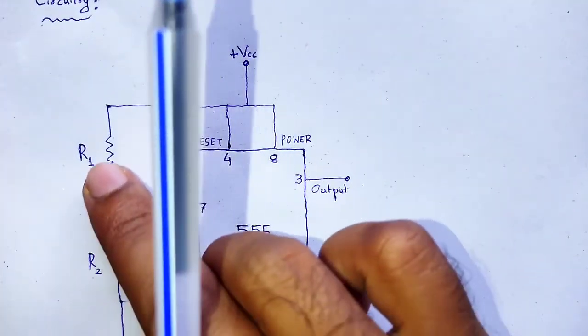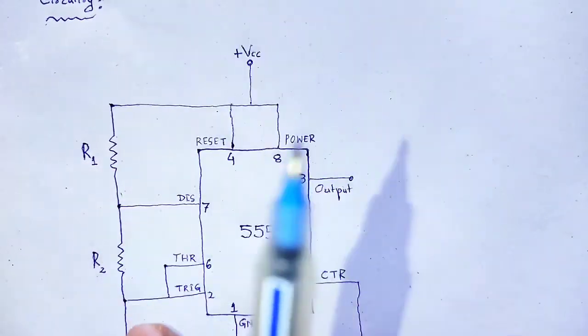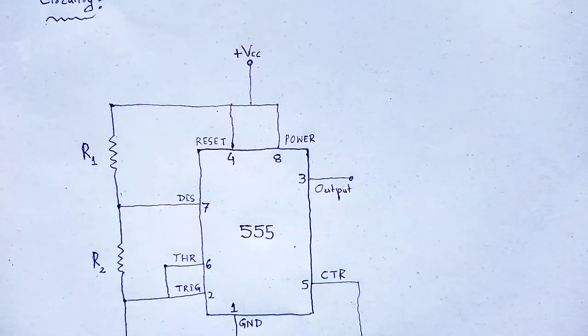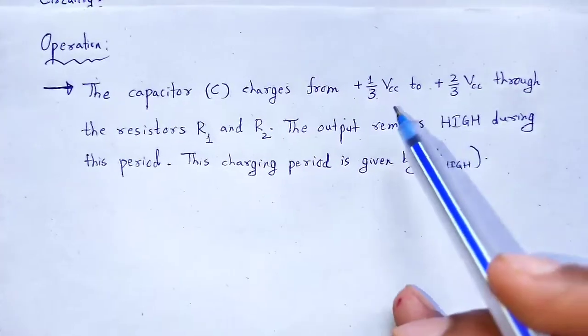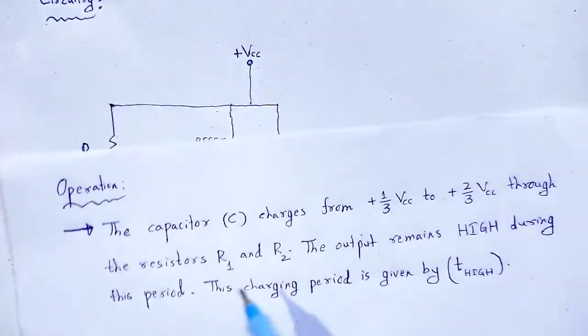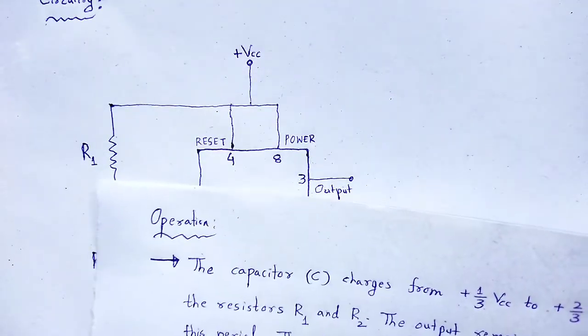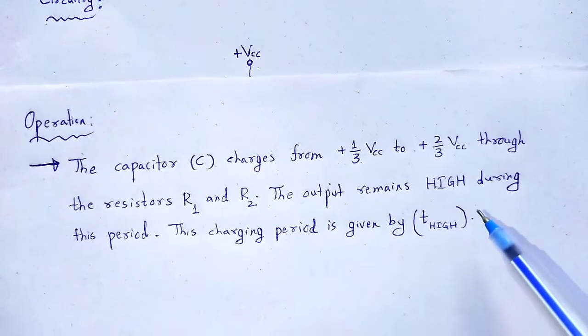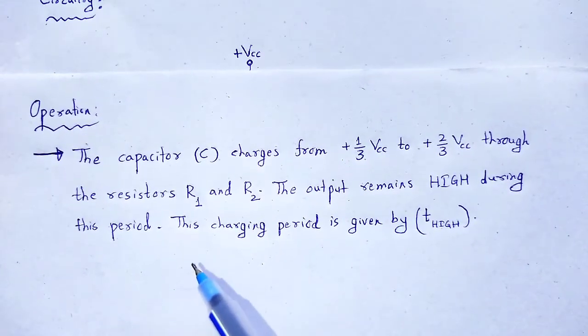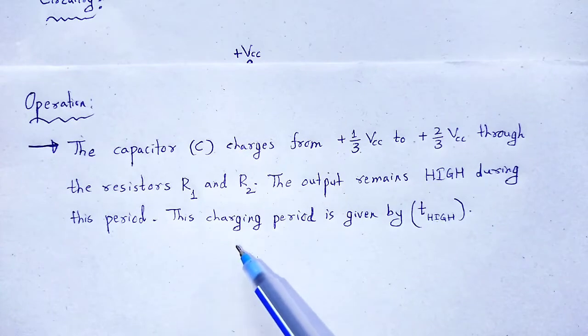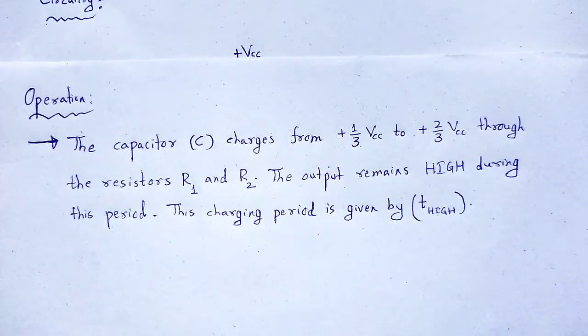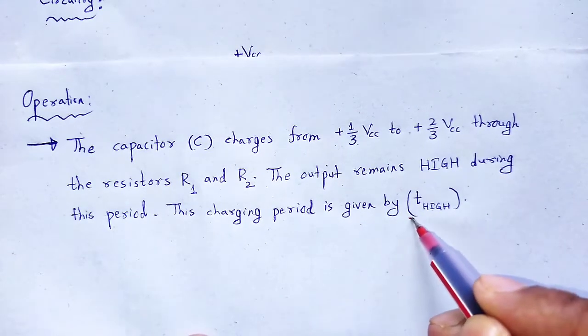First it is charging from that potential to this potential through these resistors R1 and R2. The output remains high during this period. In that case, the charging period is taken as T high.